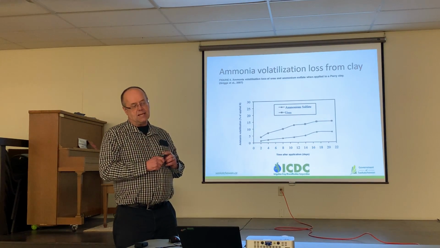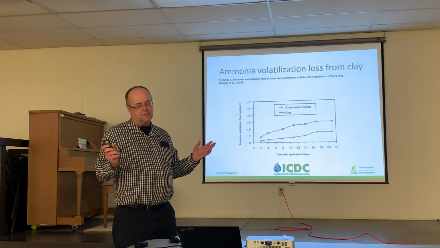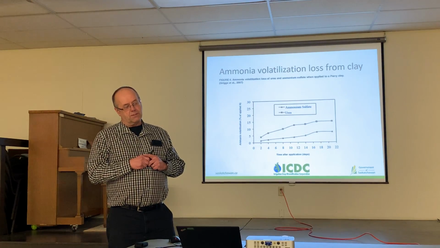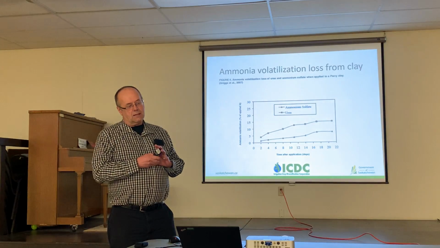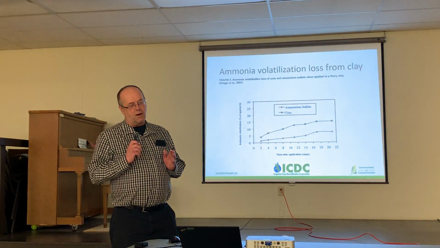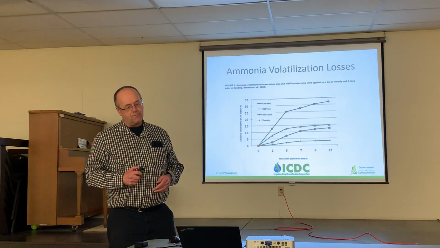This data is taken from a rice field in Arkansas, and you may say, well, that has no relevance to our situation. But what I'm trying to show with this chart is that ammonium sulfate is less vulnerable to loss than urea. Urea is the one that is most vulnerable.